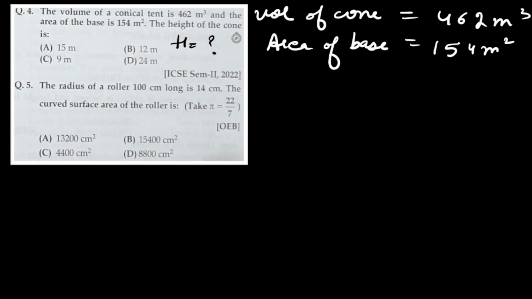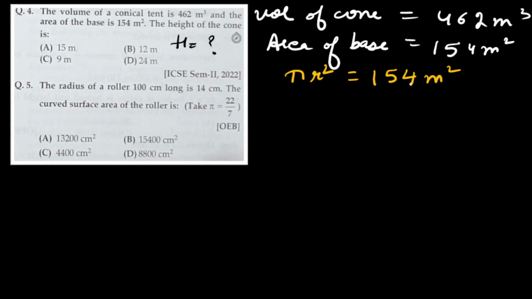See, I have 20 students with me now. I want you people to respond. Yes, so Shiva Shankar has given the answer pi r square. So whenever you see area of base, it is nothing but pi r square. So pi r square's value is given to us as 154 meter square. Height we have to find.